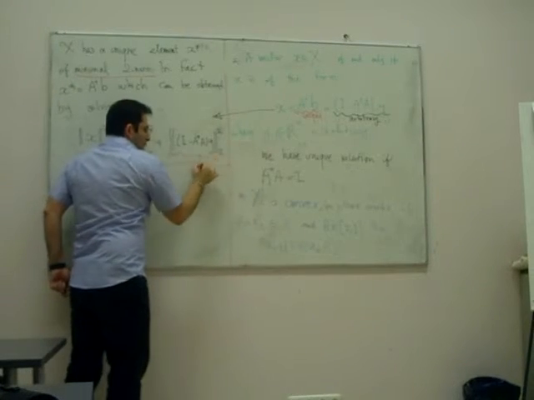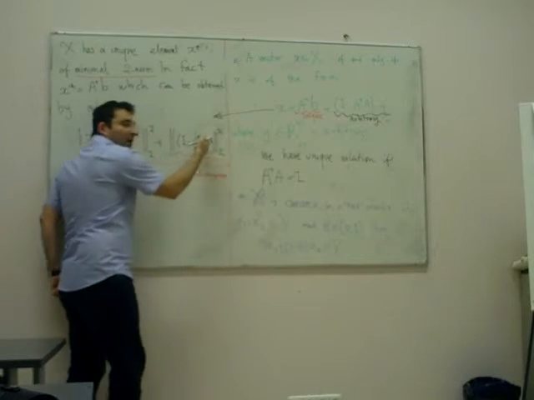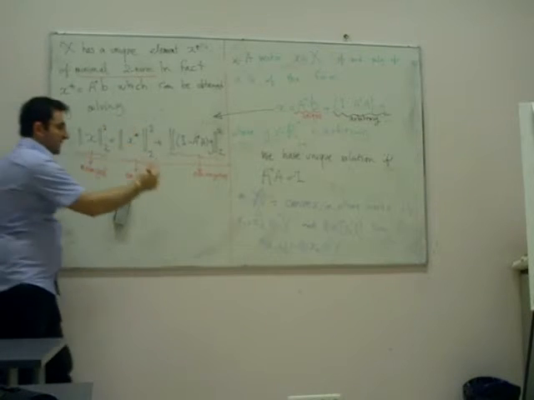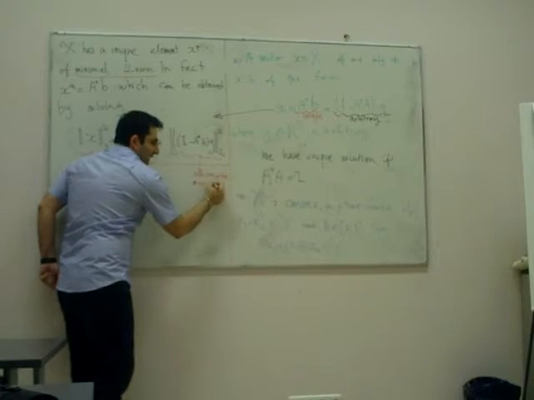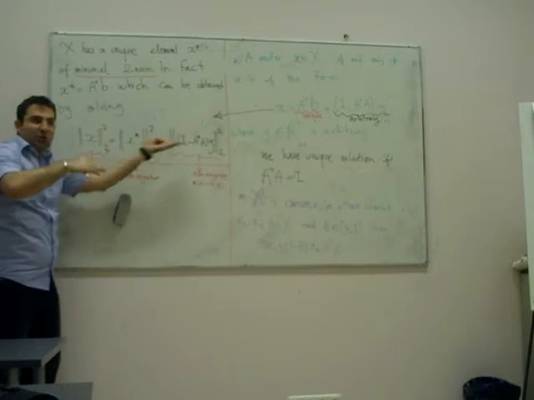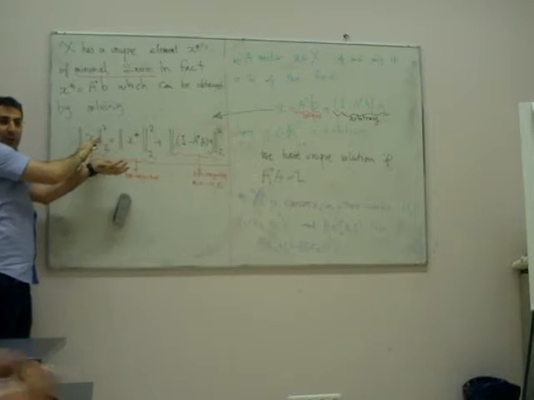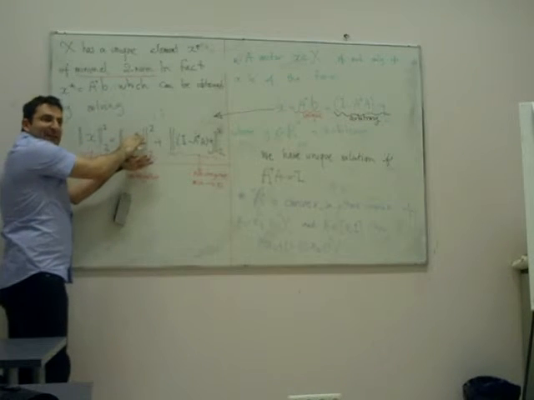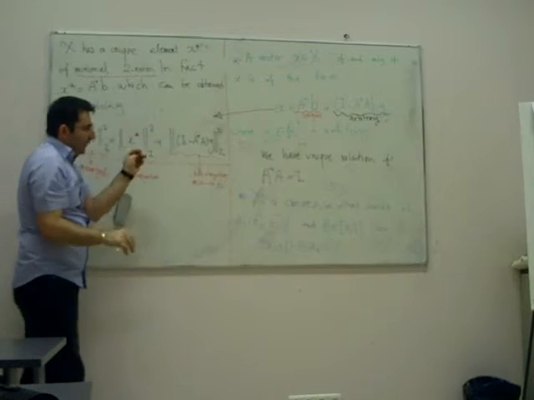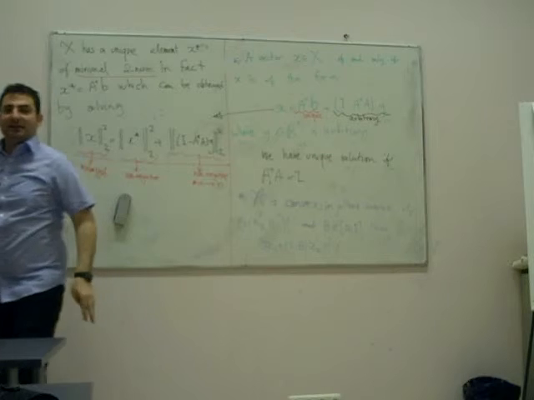This is also non-negative. So what is the minimum number of this one? 0. So the minimum is when it is 0. Because if it is not 0, I am adding. So if it is 0, I get the minimum value. I want to have the minimum of this second order, right? So this is minimum if this is 0. And we understand that if this is 0, it means that x, which is our x star, is A plus B.